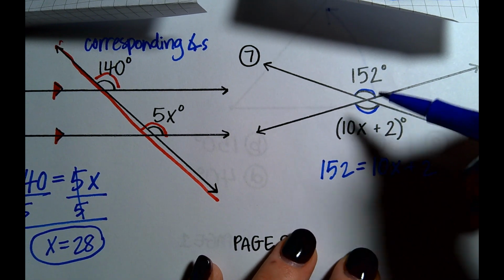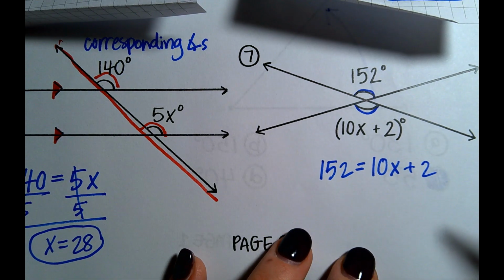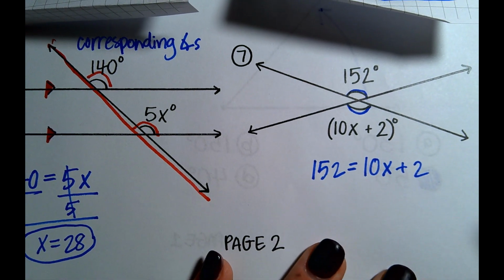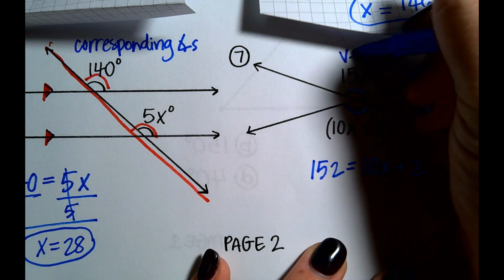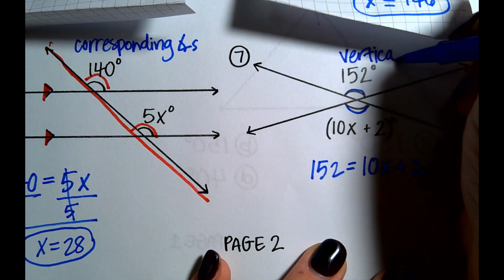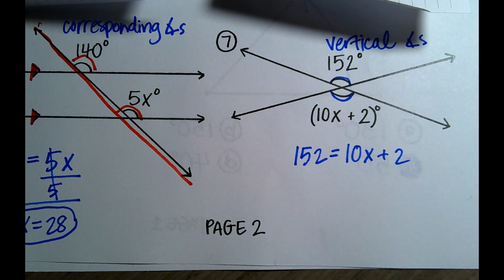We can also tell because, does anybody remember what these types of angles are when they're right across from each other? Very close. Starts with a V. Vertical angles. Good. Okay, so I have my equation, 152 equals 10x plus 2.